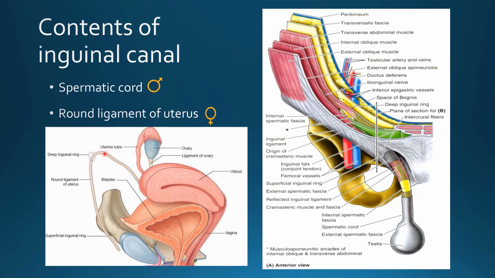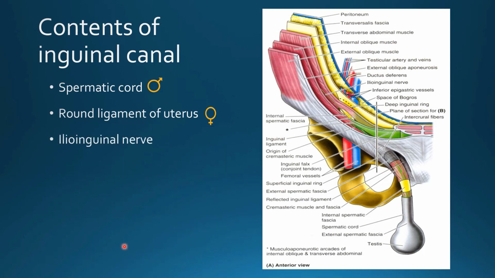Round ligament of uterus is here. Only the location of deep inguinal ring and superficial inguinal ring have been shown here. This is a round ligament of uterus which distally goes and blends with the connective tissue of mons pubis. Ilioinguinal nerve.